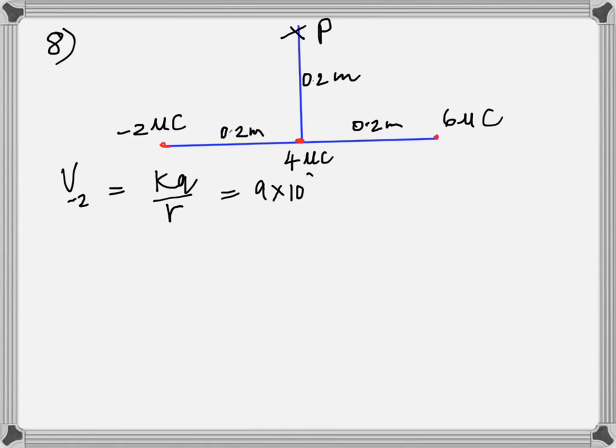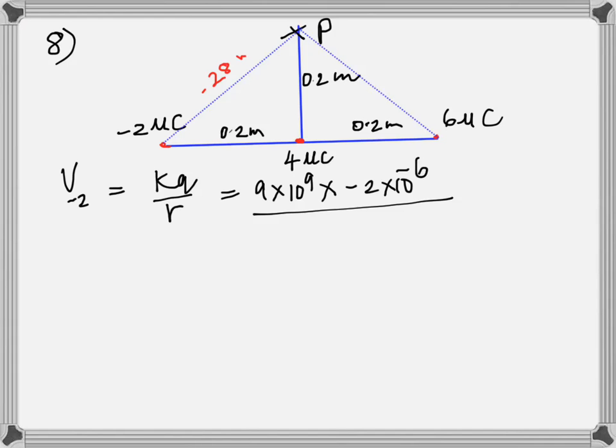The formula is KQ by R. There's no R squared. So you need to carry that negative because the potential due to a negative charge is negative. And yeah, that will be 0.28, isn't it?